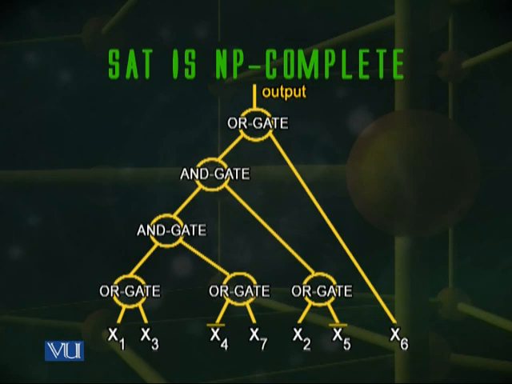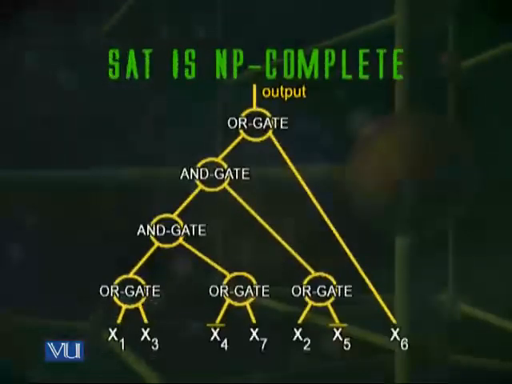This circuit has an OR gate, and one of the OR gate's inputs is fed by x6, and the other branch is fed by another complicated circuit which computes something else. So this is how we can convert an arbitrary Boolean formula into a circuit.